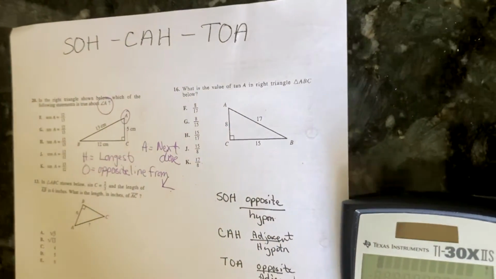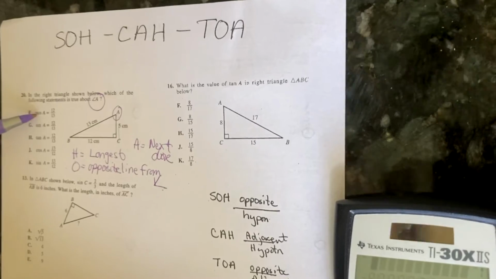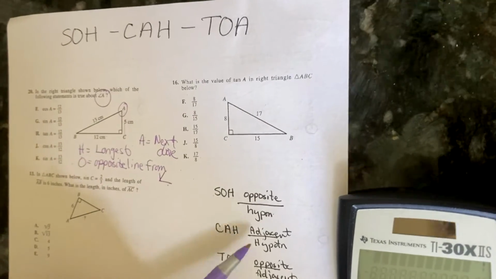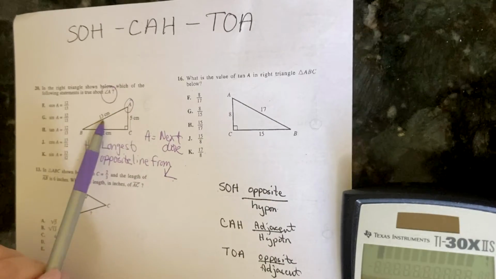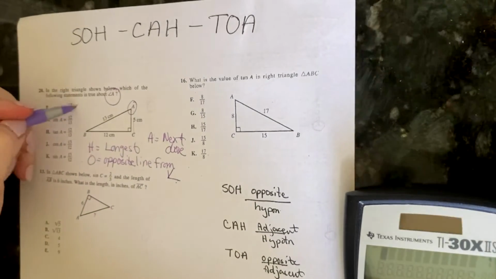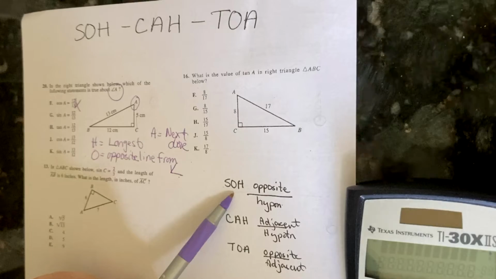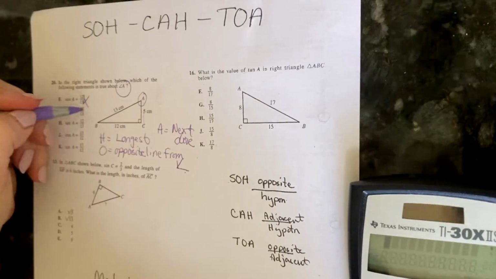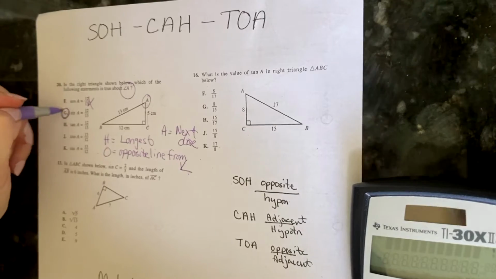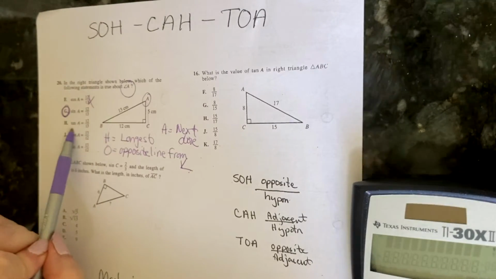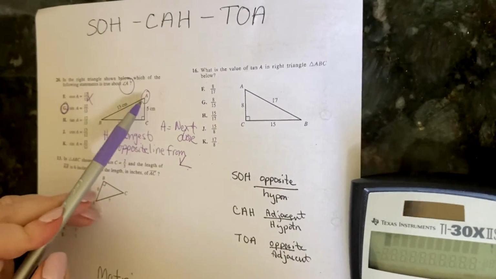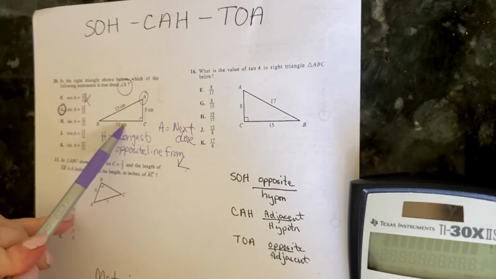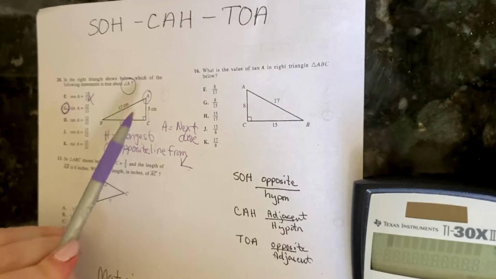Okay. So on this one, it's saying that the CA, we're doing adjacent over hypotenuse, 5 over 13. Nope, that doesn't work. Sine is opposite over hypotenuse, so it'd be 12 over 13. Oh, that one works right there. Okay, tangent, let's go through all of these. Tangent of A would be opposite over adjacent, so 12 over 5.